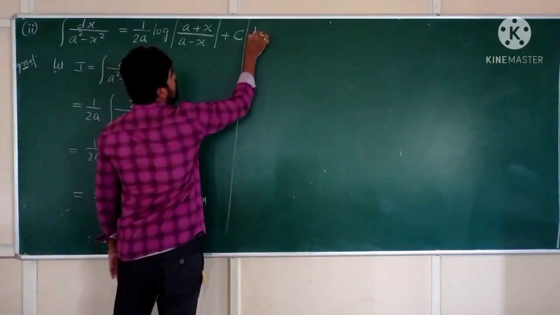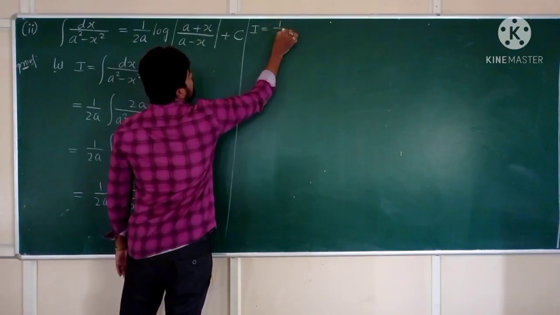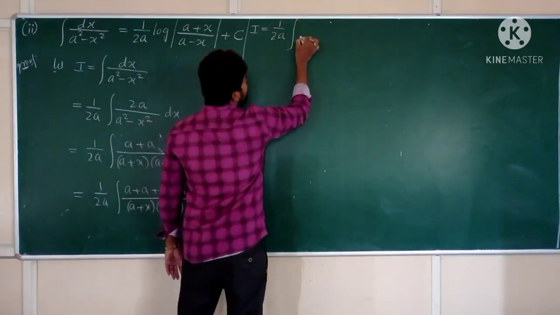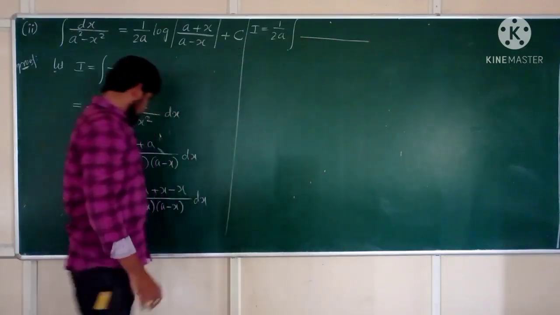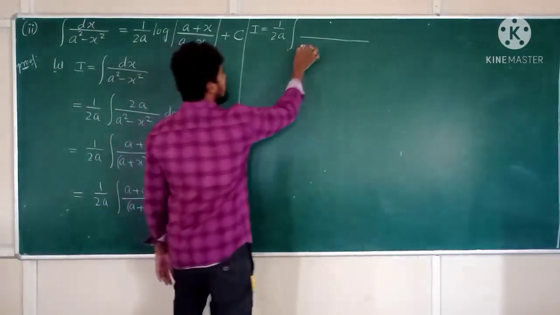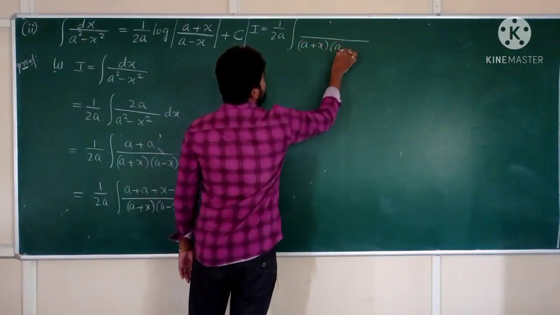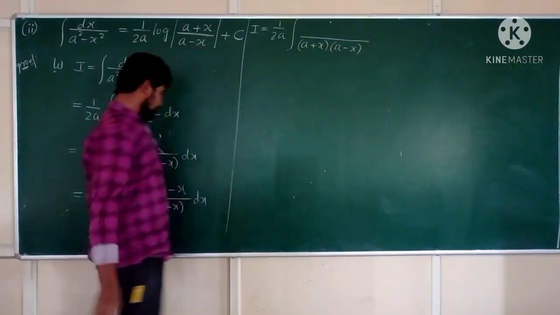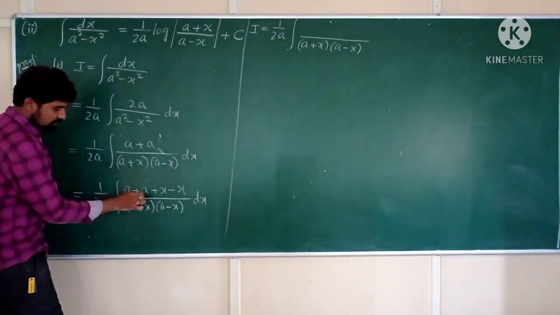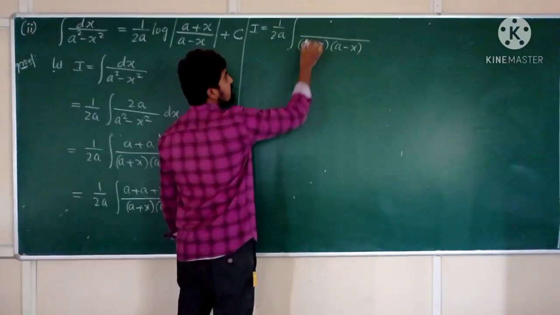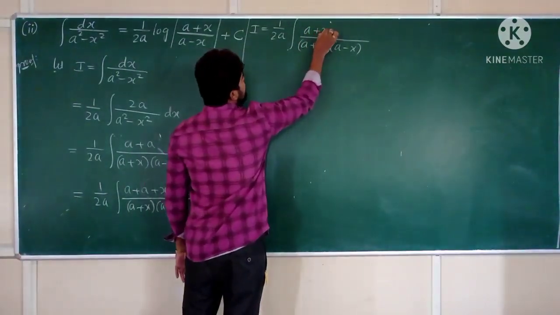So therefore, I is equals to 1 by 2a integration of, denominator as it is (a plus x) into (a minus x). Now, these two terms a plus x, because in denominator a plus x is present, so therefore a plus x.